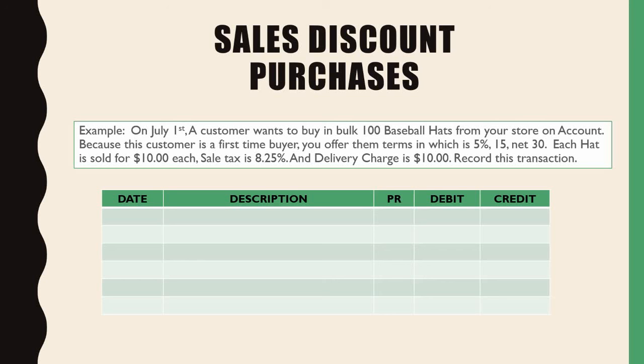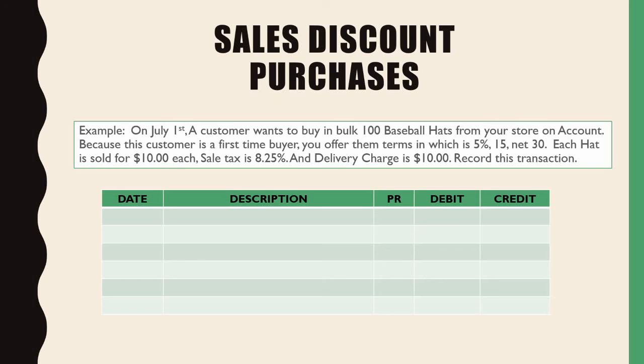For this example here, our terms is going to be 5%, 15 net 30. That means we will discount 5% if this customer pays me within 15 days. If not, they have to pay me in full within 30. So I tacked on a term. So the condition must be met in order for this customer to receive a discount.